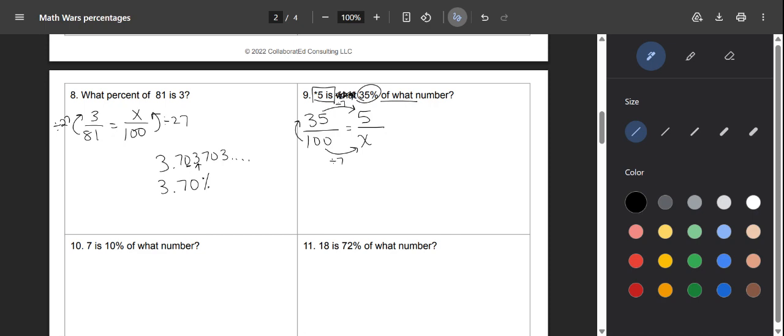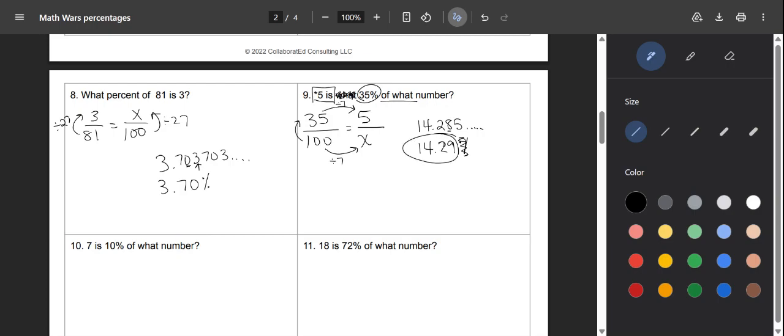And that's going to get me 14.285, and so on, forever and ever. And we're going to round that to the hundredths place and call that 14.29. There's no percent. 14.29 is the whole amount.